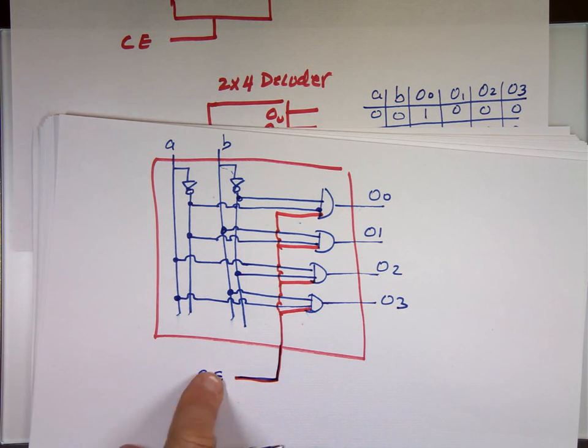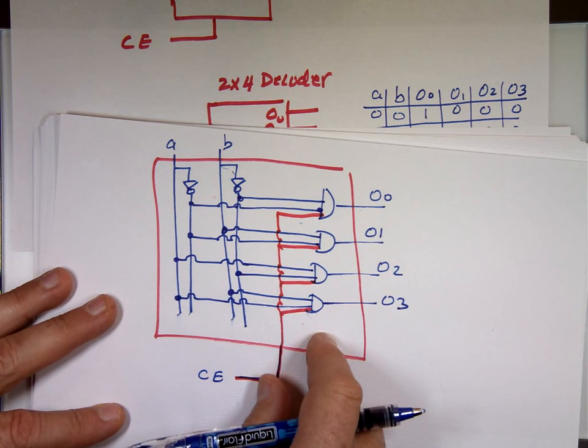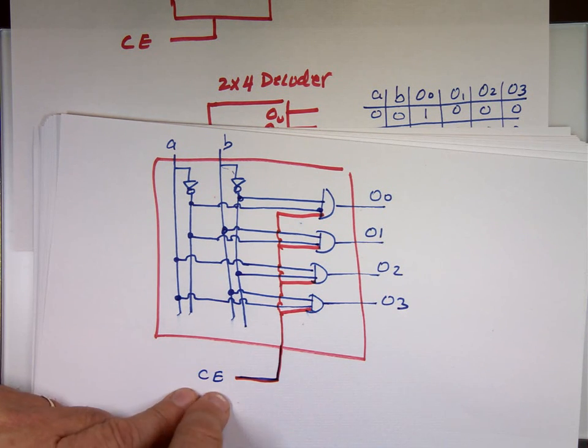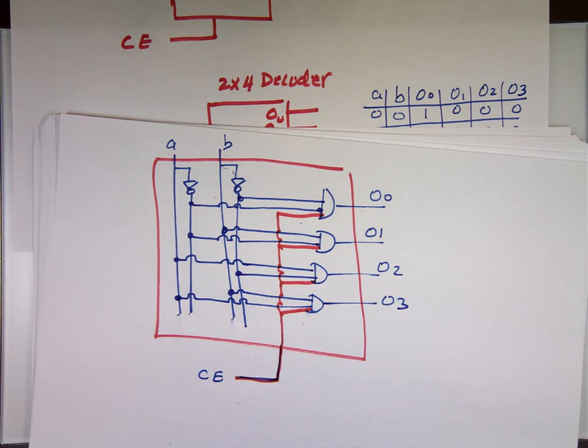Because if that's 0, what will happen to all these gates? 0, nothing is working. The only time they're going to work is when this is 1. So that's how you control if you want it to be 0 or 1.